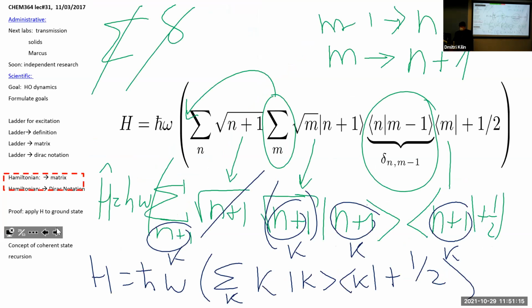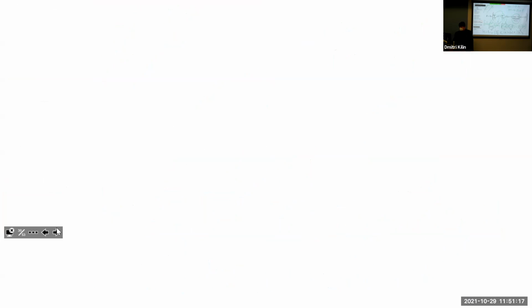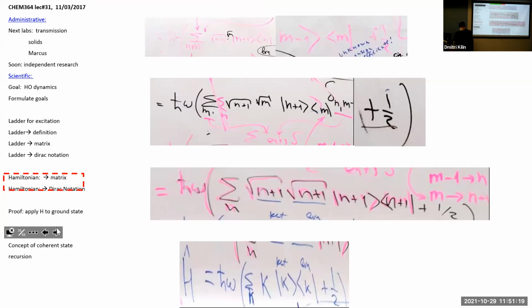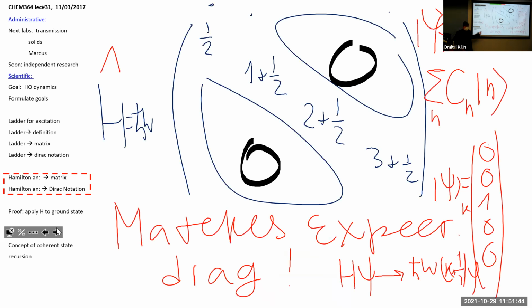And as a result, our Hamiltonian will be h bar omega up front, then summation over k, and then we should move this 1/2 into there. Which will give us this matrix.